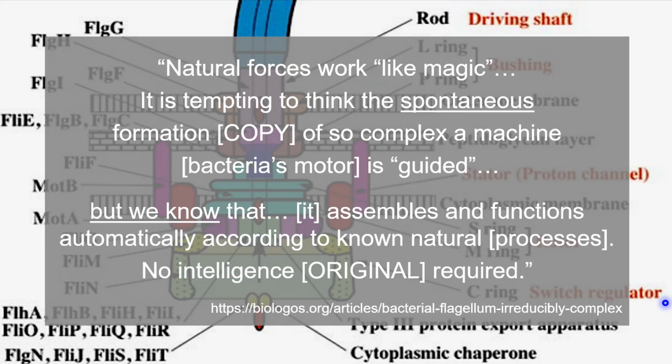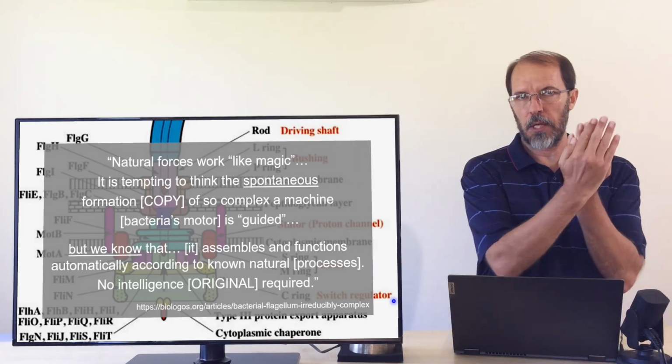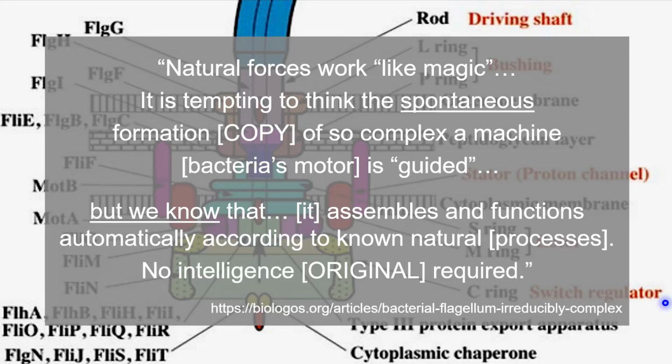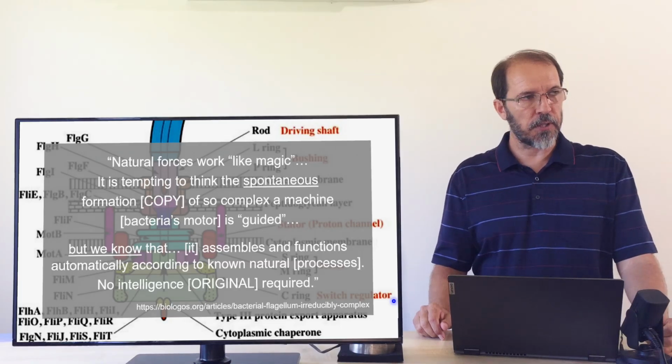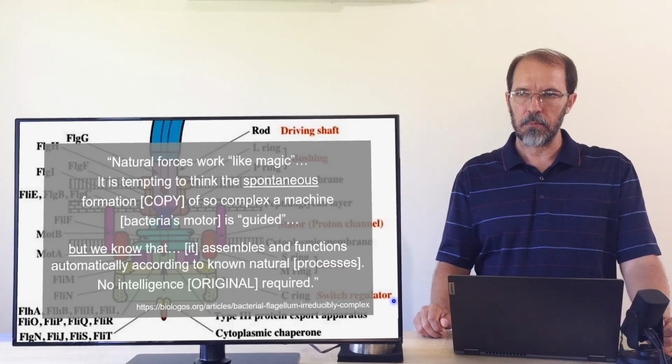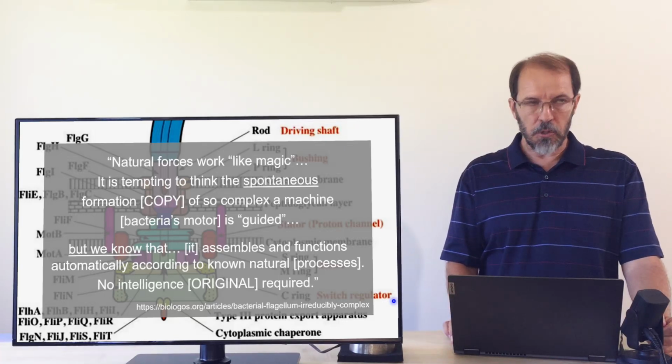But we know, who's we? Us scientists who are so clever. We know that it assembles and functions automatically according to known natural processes. And now for the highlight of the day, no intelligence required. Is that a scientific statement? Is that common sense? Or is that a lot of nonsense?